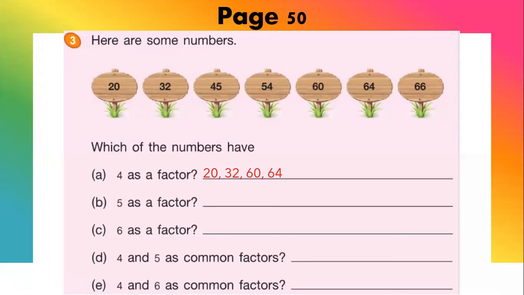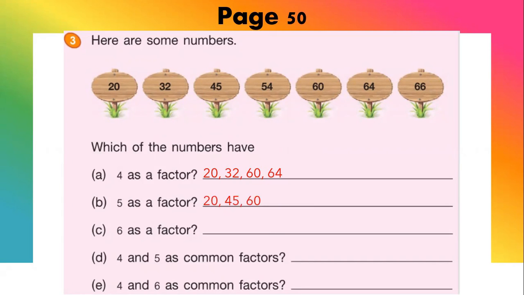Next, letter B, which of the numbers have 5 as a factor? 20, 45, and 60. Very good.